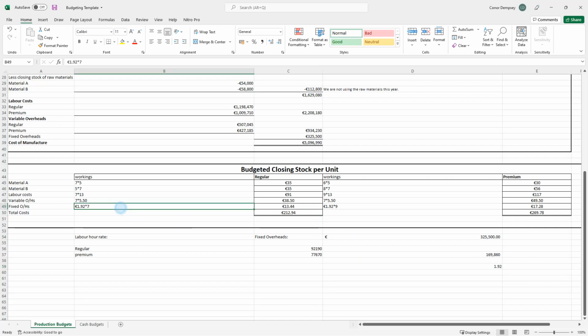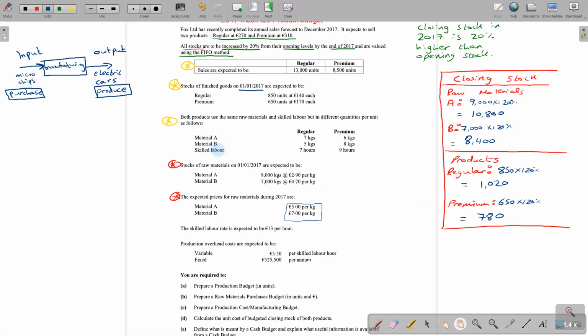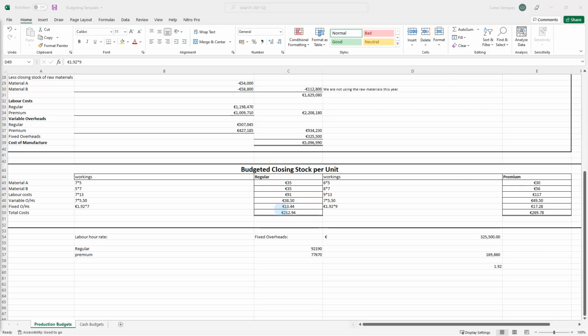We plug it in here, 192 by 7, 192 by 9, because they are the amount of labor hours that are needed per product, 7 and 9. And that is that.